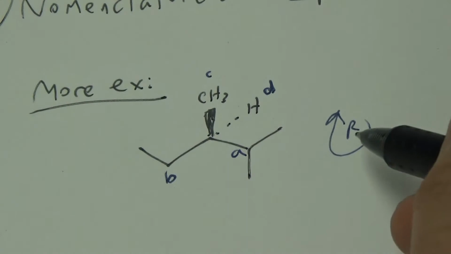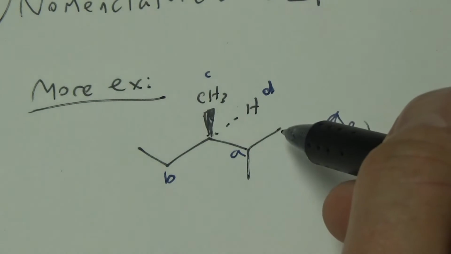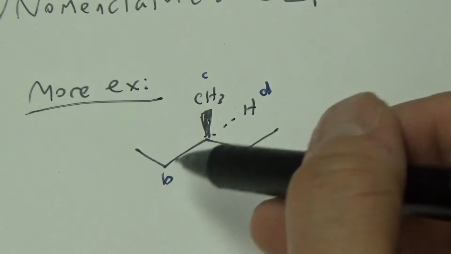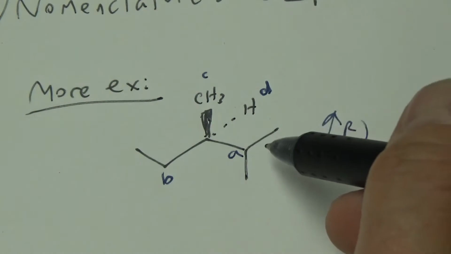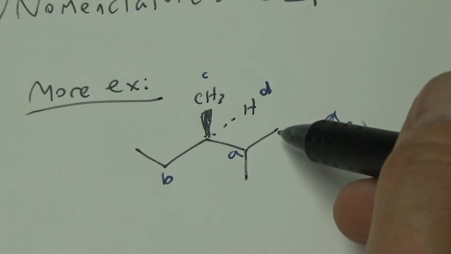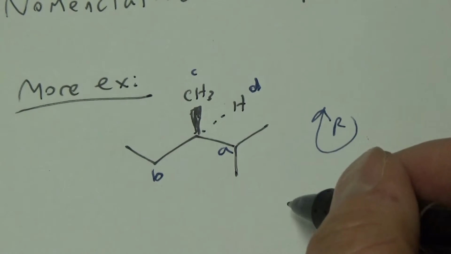Okay, so to build a name, let's build the full name, and we'll first ignore the fact that it's R. Do I number left to right or right to left? Do I go 1, 2, 3, 4, 5, or do I go 1, 2, 3, 4, 5? The answer is I go in the direction of the first substituent. That was chapter 2. So it looks like build a name right to left. So pentane.